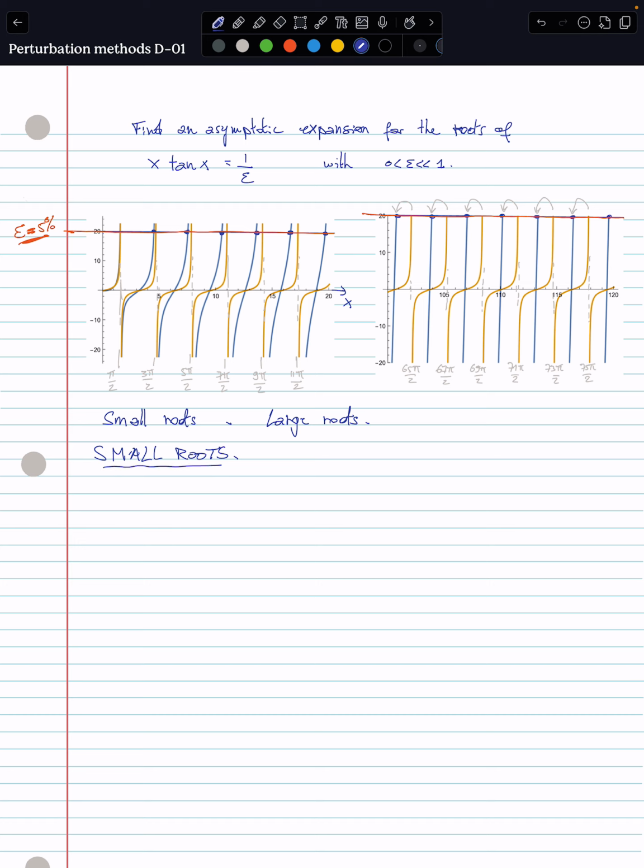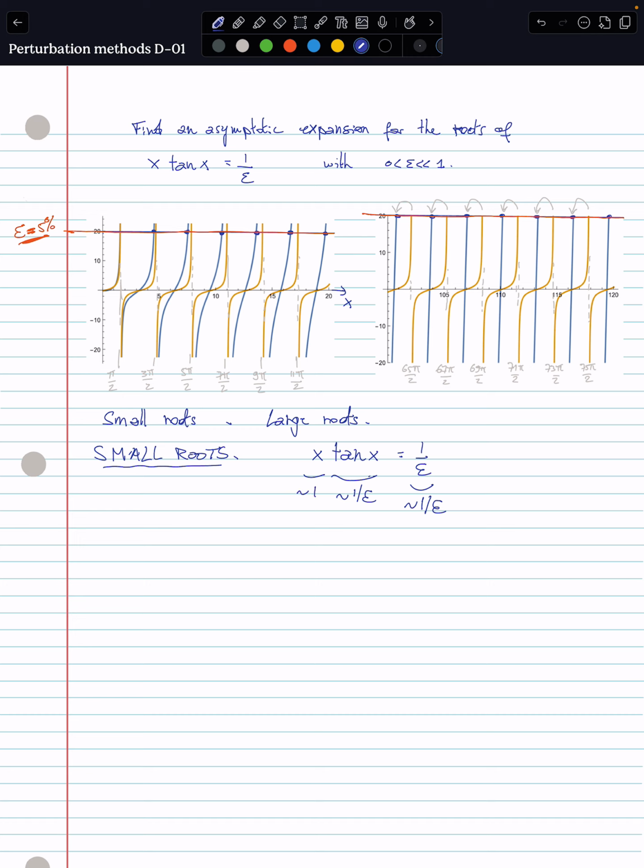All right, so what we can start with is just by considering that when we write x tangent of x, we want something large, which is of order 1 over epsilon. And we said that for the small roots, actually, the tangent of x is a quantity that is large.